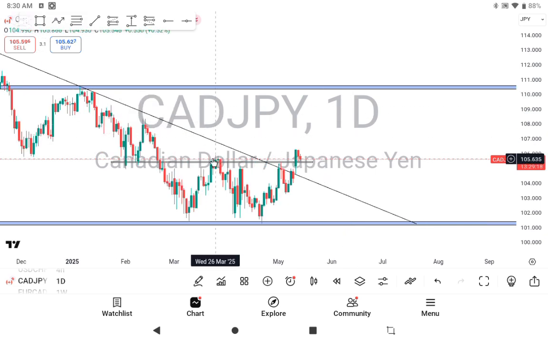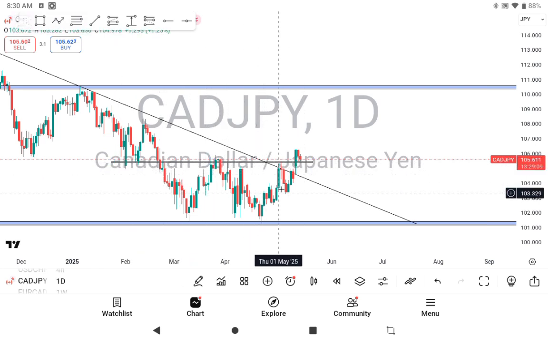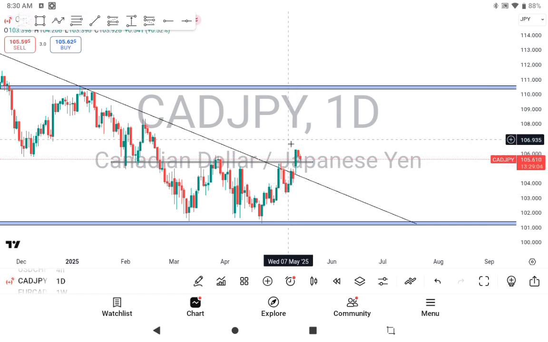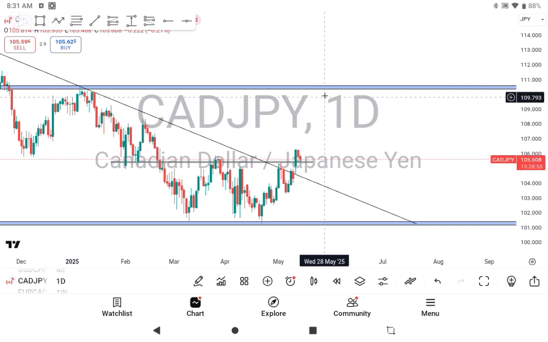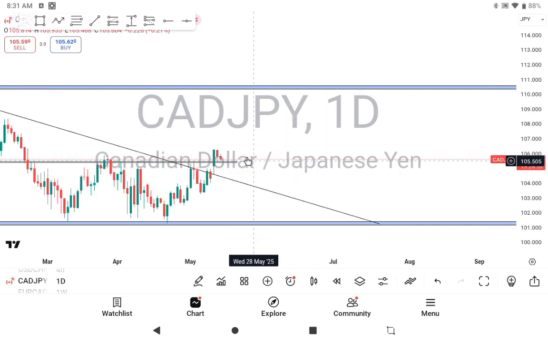Like I said earlier, I also have a minor level of resistance right here, and I said in my previous video that provided price was able to break and close above this level, the previous level of support turned resistance, CADJPY price should elevate. Price can still push back down again to test the outer part of this trend line. From there, price will just continue pushing over.